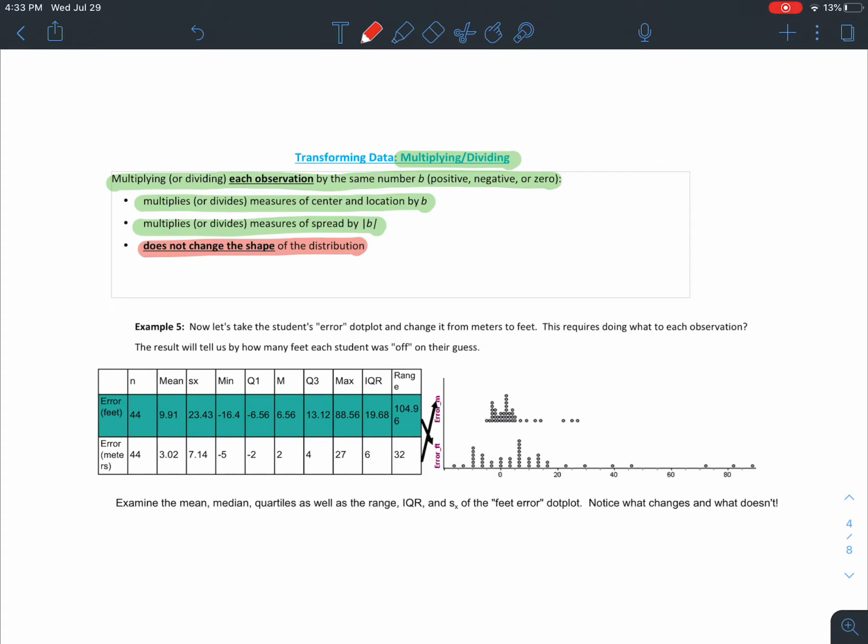You can see that if we take the error dot plot and convert it from meters into feet. To change from meters into feet, you multiply all of the measurements by 0.3048. You'll notice the shape is still skewed to the right.